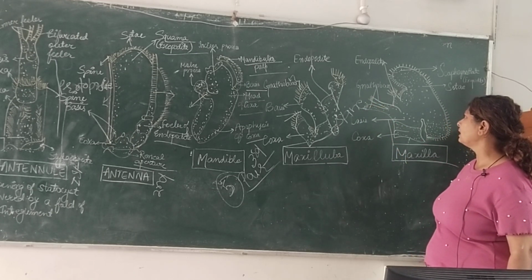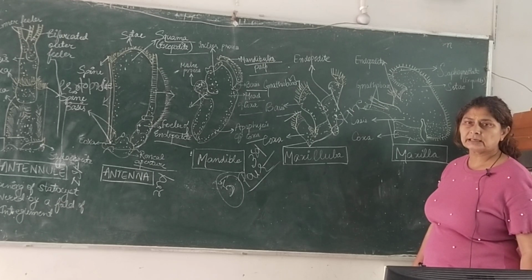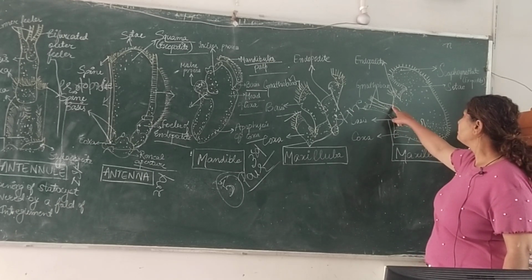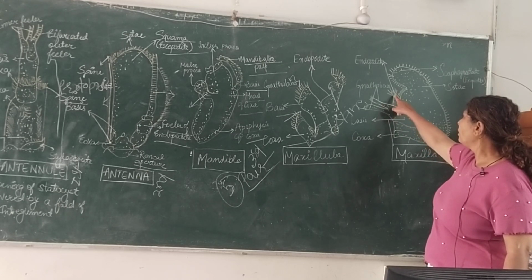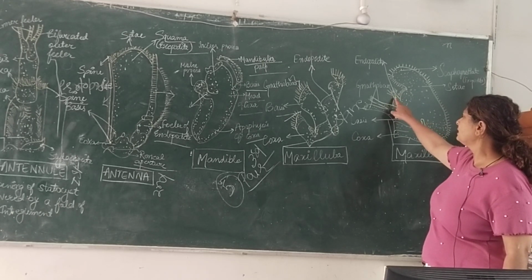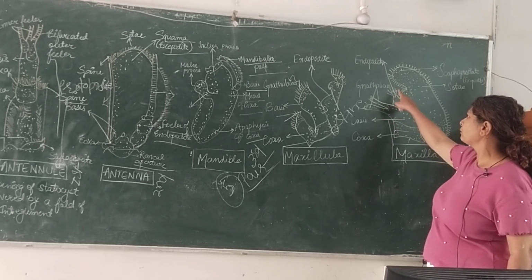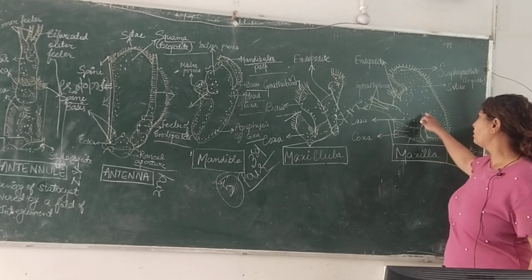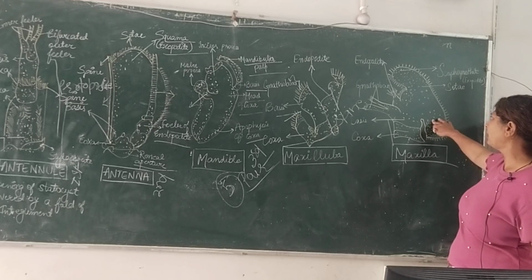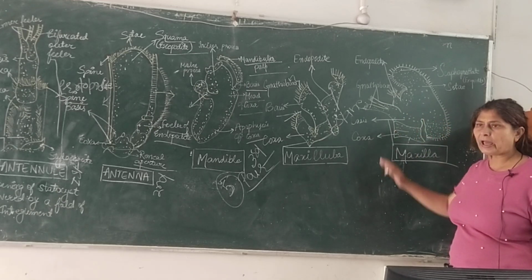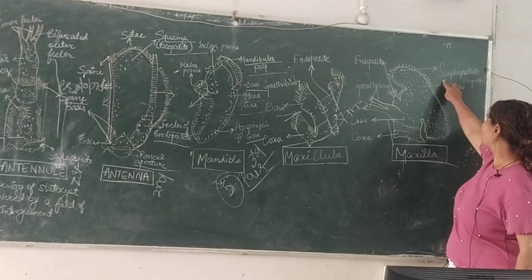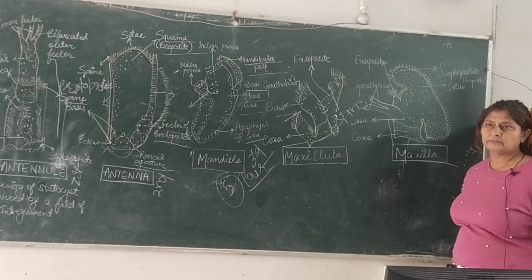They are called the gnathobasis. Inner to it there is another pointed portion that is called endopodite. On the outside there is one large proper fan like structure that is called the scaphognathite.